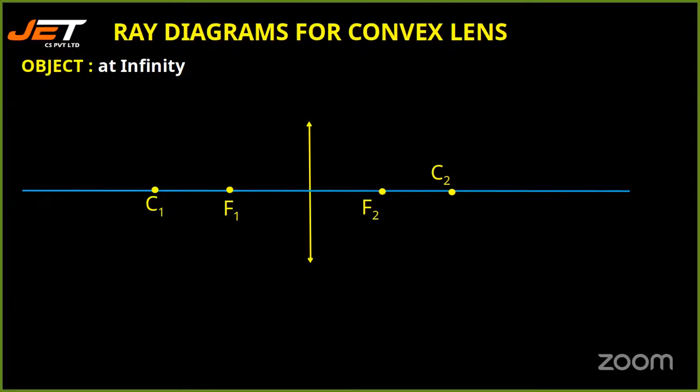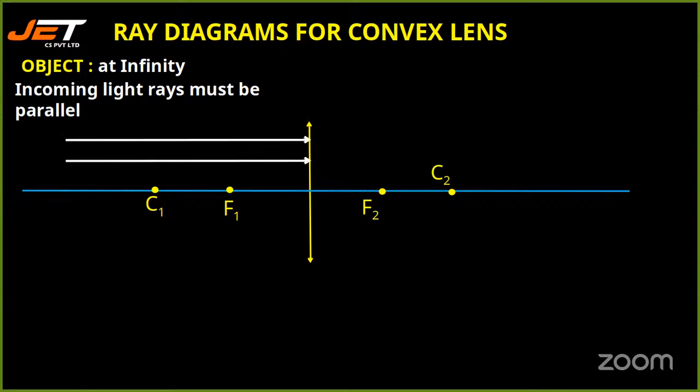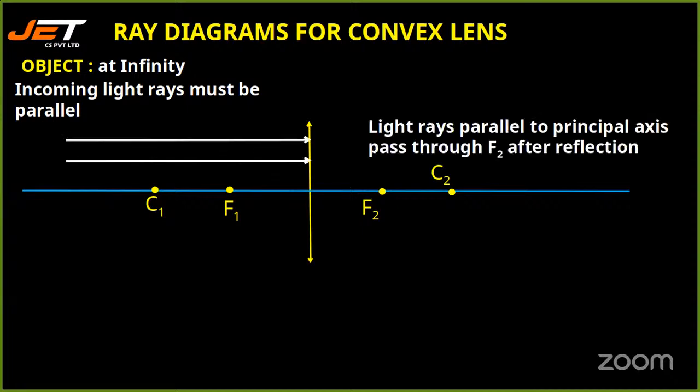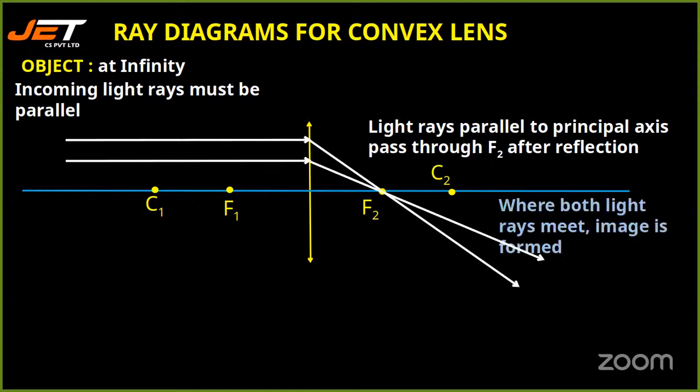Let's say an object is placed at infinity. If an object is at infinity, the incoming rays must be parallel, right? The light rays parallel to the principal axis will pass through the focus after refraction, and the image is formed at the F2 point, where both light rays meet.